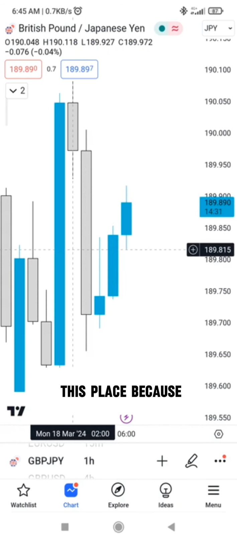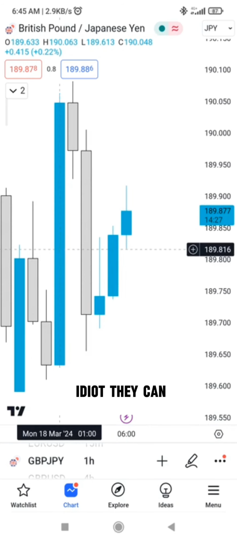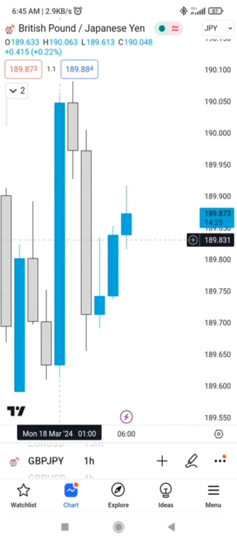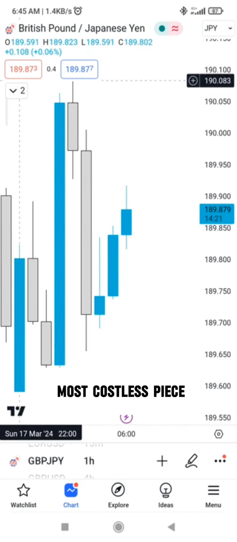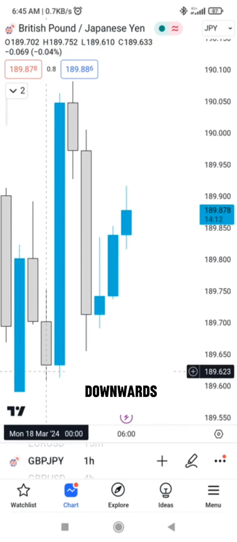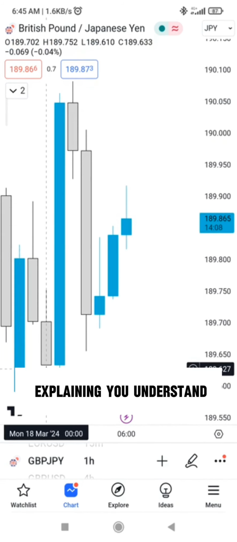They buy from this place because they see it as the cheapest area they can buy, so that they can make profit when it goes higher. Sellers are saying this is the costliest space this thing can ever get to. Nobody will be interested in buying from here, so they start selling downwards. I know it's a bit complex, but by the time we start explaining, you will understand.